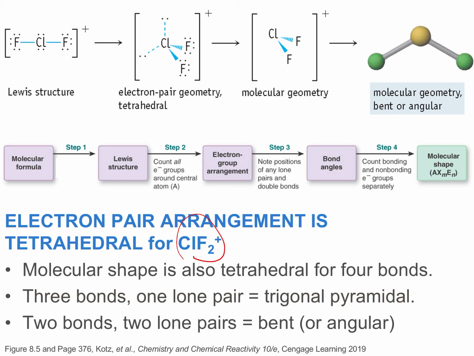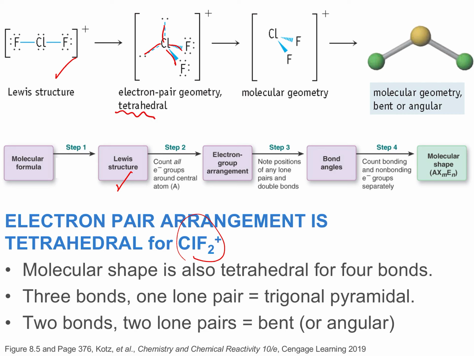Let's do another example. This is an ion, ClF2+. If you draw the Lewis structure, Cl is the central atom, and you've got 2 bonds to 2 fluorines, but you also have some lone pairs. So what do we do next? We drew the Lewis structure, that's right there. Count all the groups: 1, 2, 3, 4.